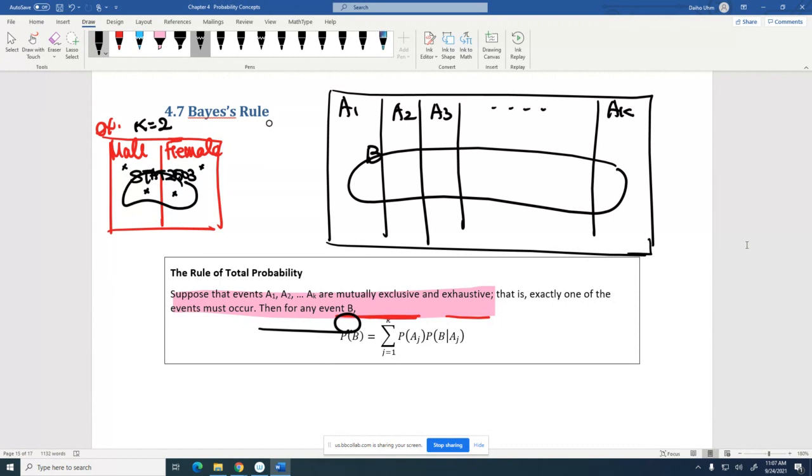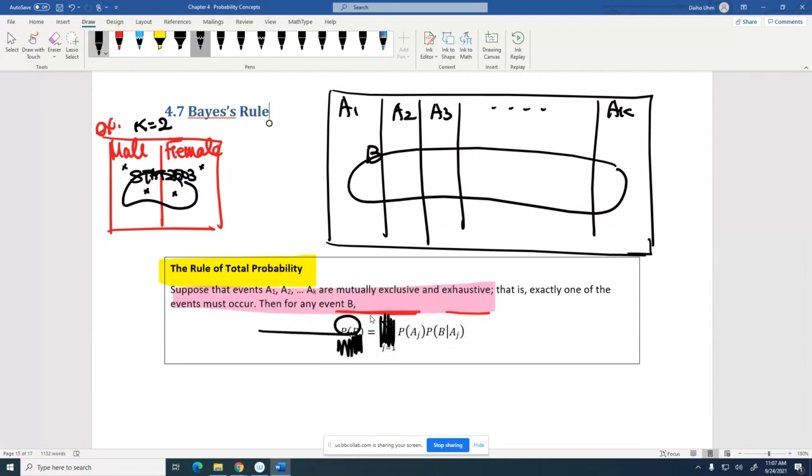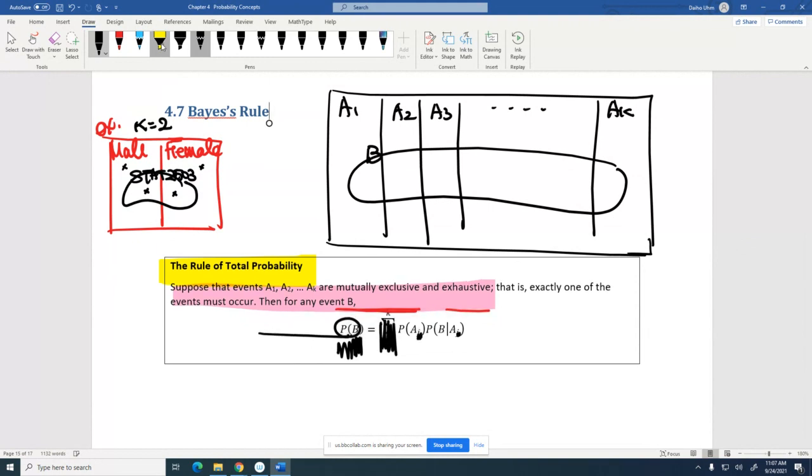Before the Bayes rule, we have to understand what is the rule of the total probability. Please don't look at this. Don't look at this. And please don't look at the index of that. Please look at the multiplication.